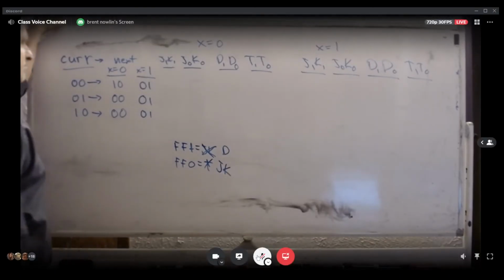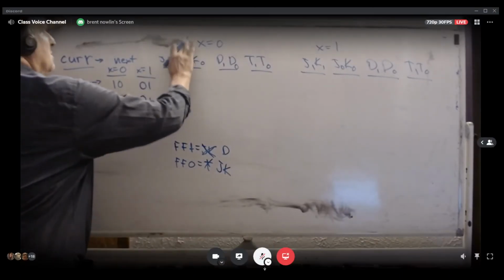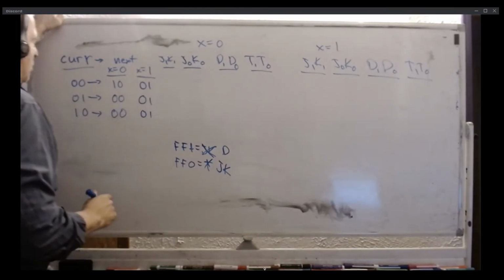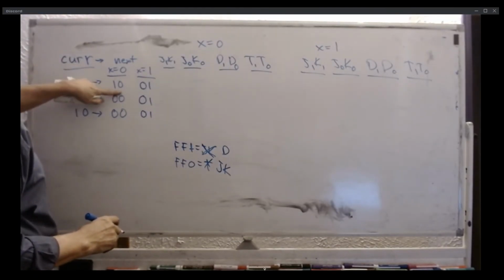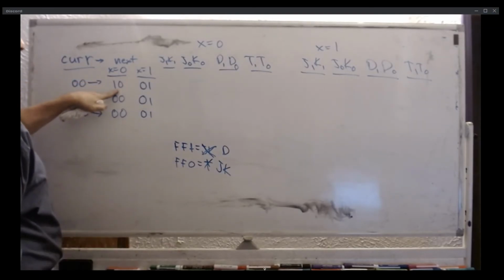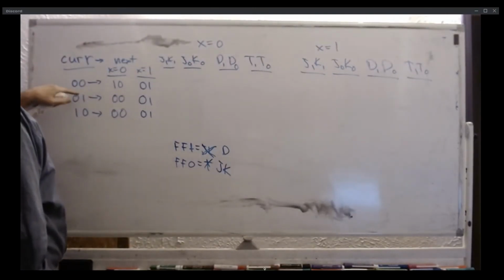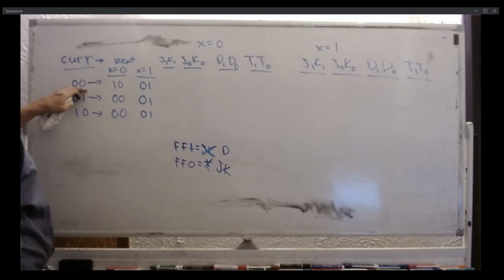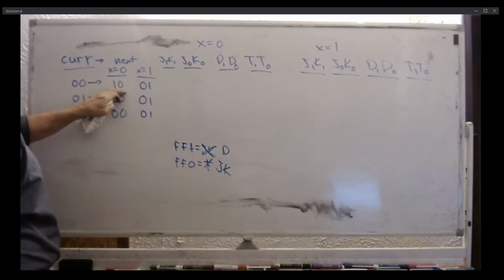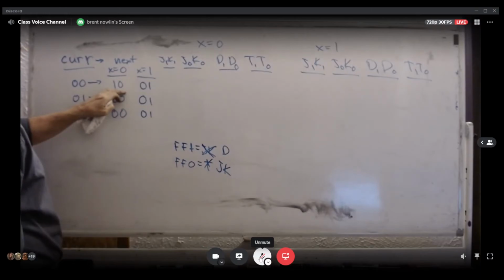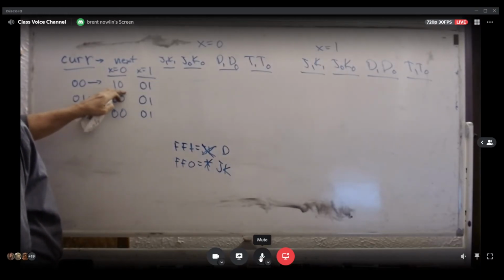Okay? All right. Let's take a look at the x equals 0 part first. If we're in state 0 and x equals 0, we go to state 1, 0, do we not? Right?